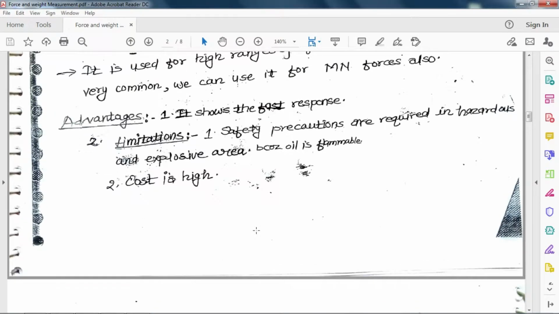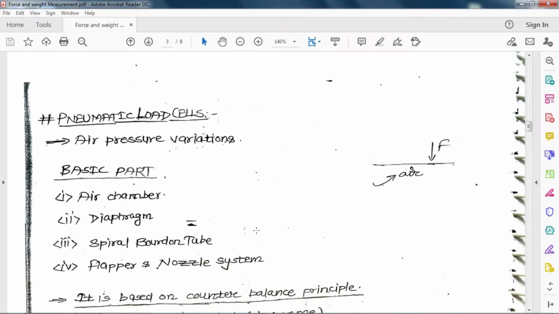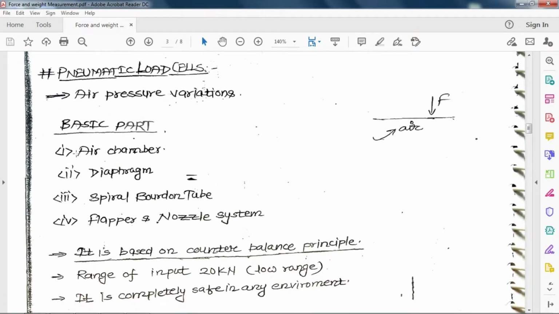So next is our pneumatic load cell. In this case, we calculate air pressure variations. The basic parts are the air chamber, diaphragm, spiral Bourdon tube, and flapper and nozzle system. Here is the diagram. When we apply force on our diaphragm, air pressure is produced, which is calculated using the Bourdon tube.